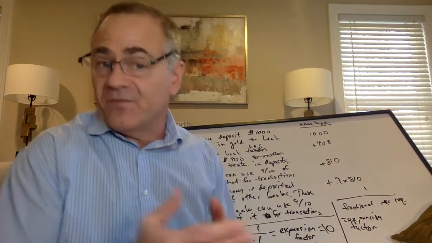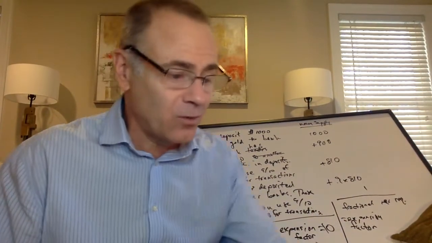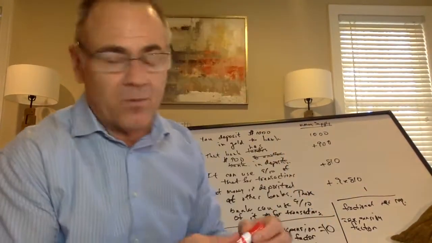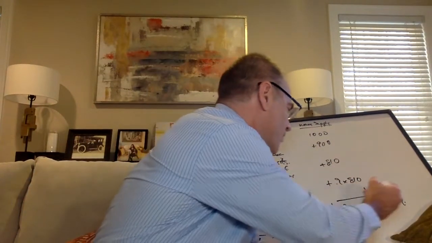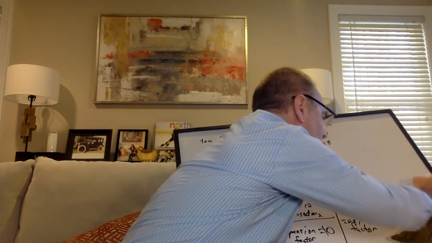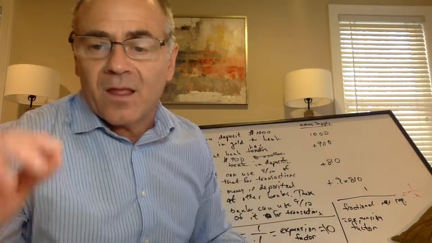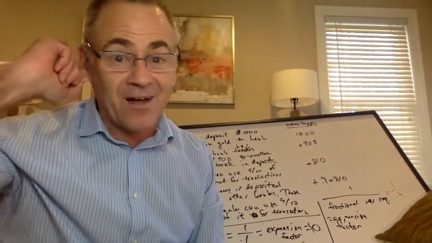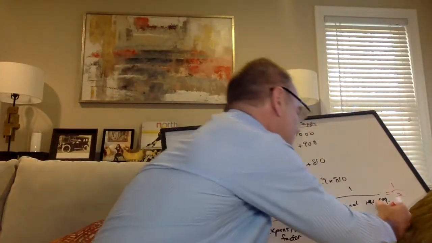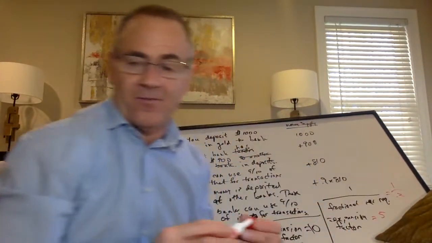What if instead the fractional reserve requirement were 20%? So now, let me use a red marker. Fractional reserve requirement equals 0.2, 20%. 1 over that is now 5. So that means the expansion factor now equals 5.